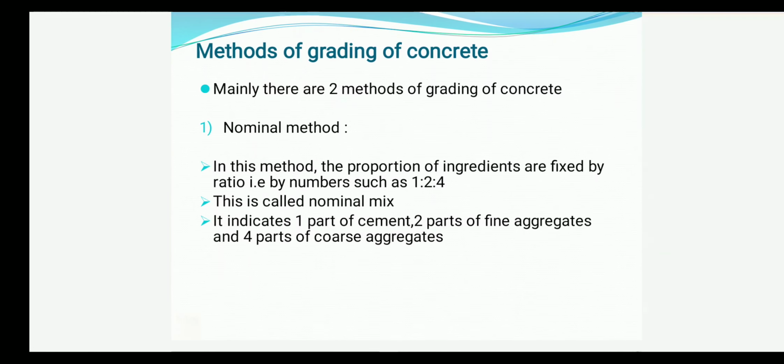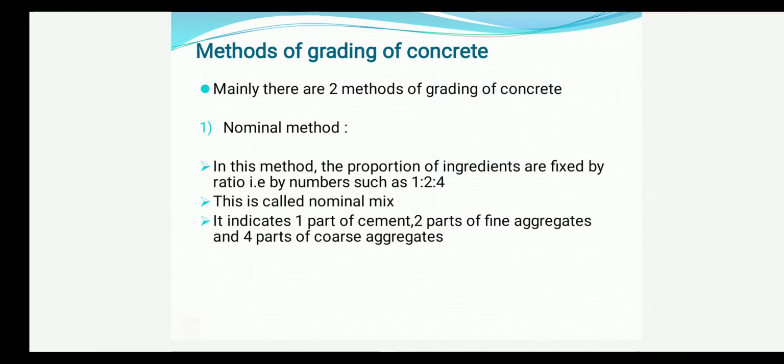Now mainly there are two methods of grading of concrete. First one is the nominal method and second one is the IS method, that is the Indian Standard Method. So let us learn these two methods. First method is the nominal method. In this method, the proportions of the ingredients, that is cement, fine aggregate and coarse aggregate, are fixed by a ratio, that is by numbers such as 1:2:4, and this is called the nominal mix.